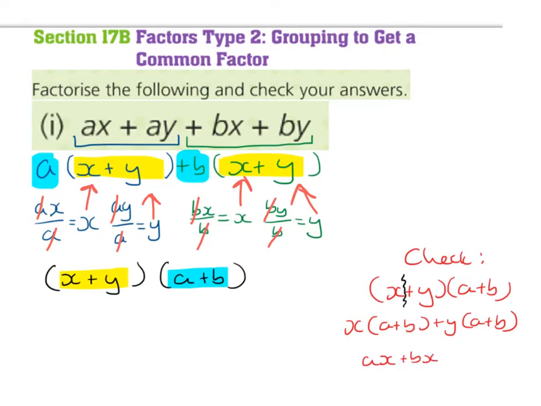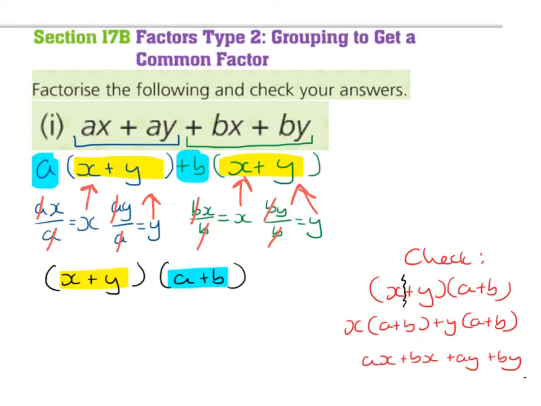So you could call it xb, but we like to do it alphabetically, and since b comes before x in the alphabet, it's better to write bx. Remember, a letter times a letter, we stick them together. Then y times a will be ay, and then y times b will be by. So we end up with ax plus bx plus ay plus by.